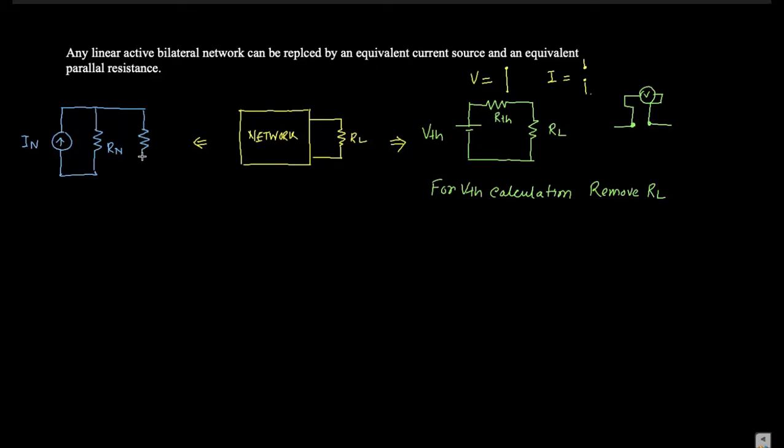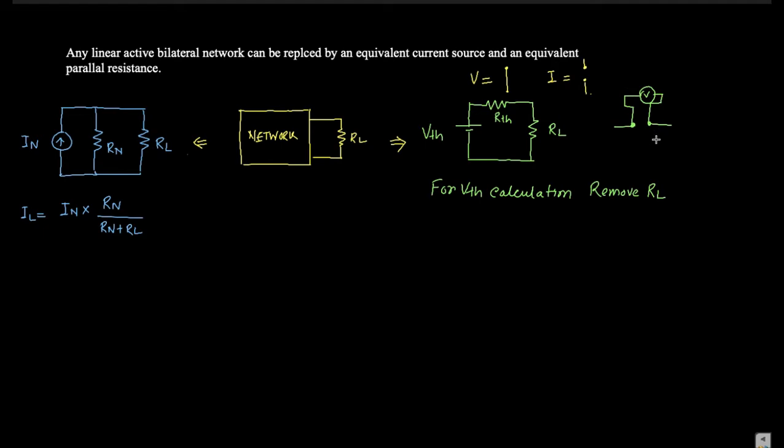Then we can easily apply the current divider rule: IN times RN divided by RN plus RL is the IL, the load current flowing through the Norton circuit. You got my point?